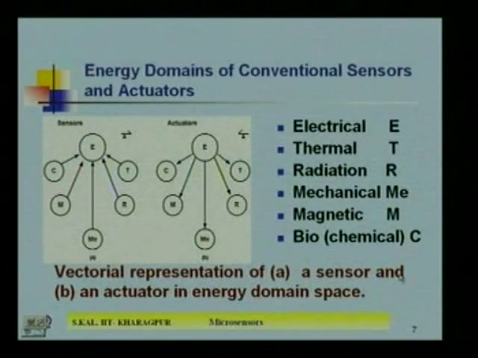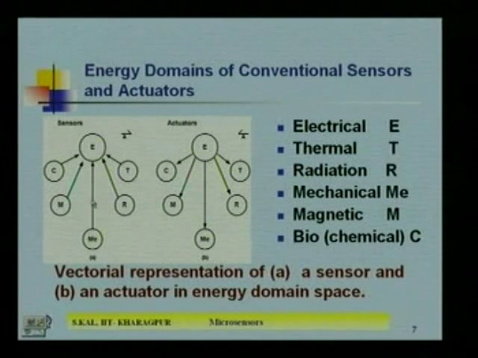Now, what are the different forms of energy the sensors and actuators deal with? They are mainly electrical, thermal, radiation, mechanical, magnetic and biochemical energy. The electrical is denoted by the letter E, thermal is T, R is radiant energy, M is mechanical energy, another M is magnetic energy, and C is biochemical energy.